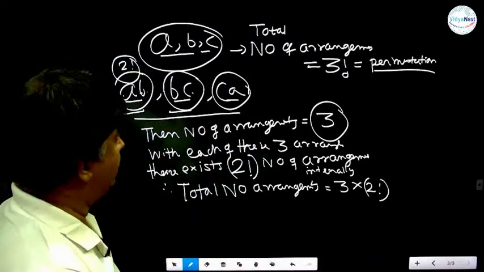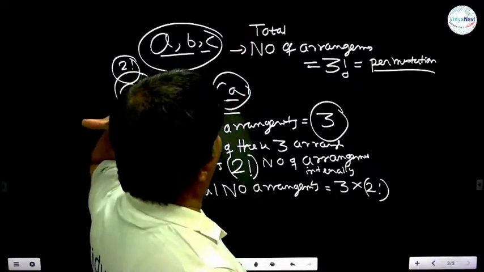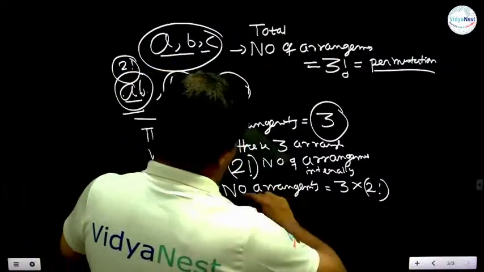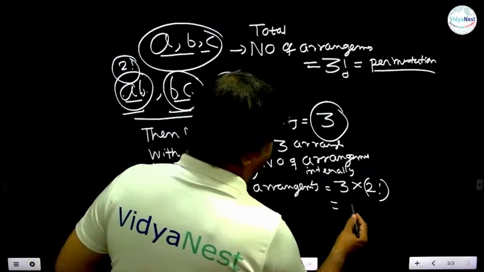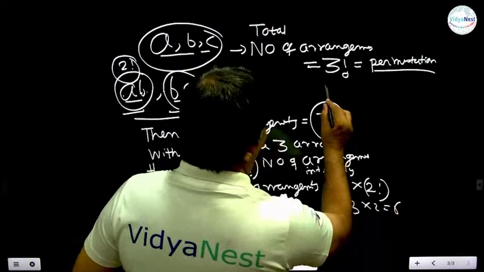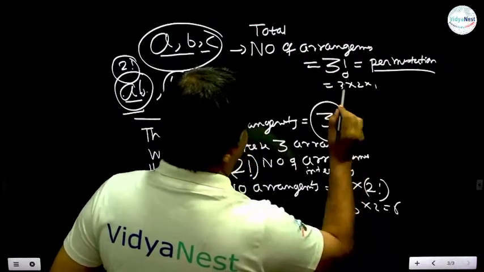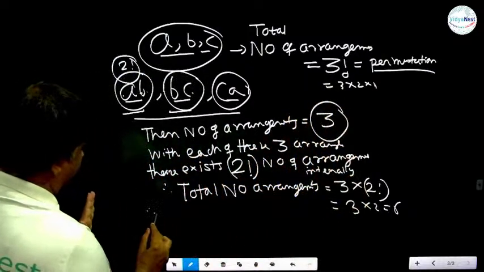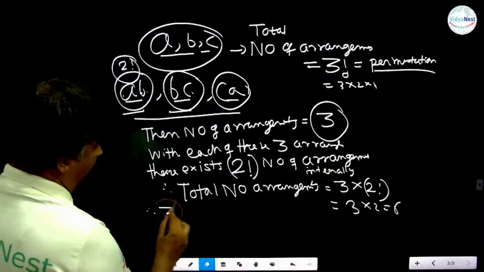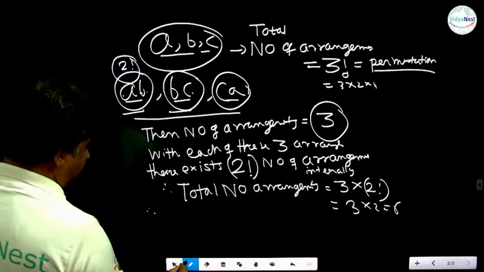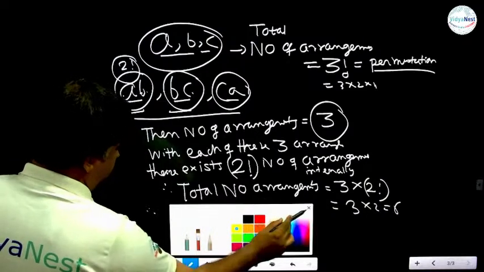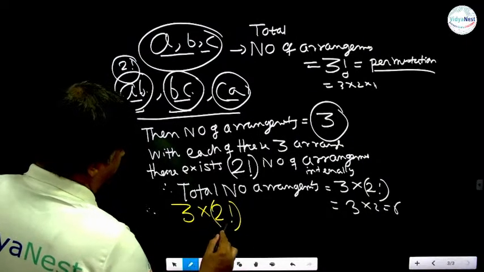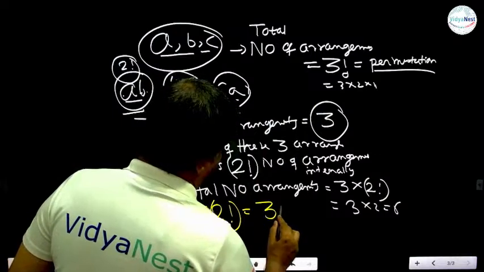Now the question is, here randomly I arranged and I got factorial 3. Here I arranged group-wise, and I got the same if I consider the total arrangement. 3 into 2 is 6. There, 3 into 2 into 1 is also 6. So we can equate them. Therefore, 3 into factorial 2 is equal to factorial 3.